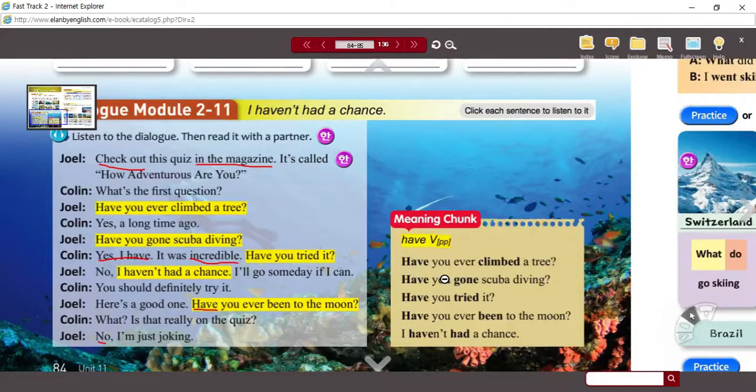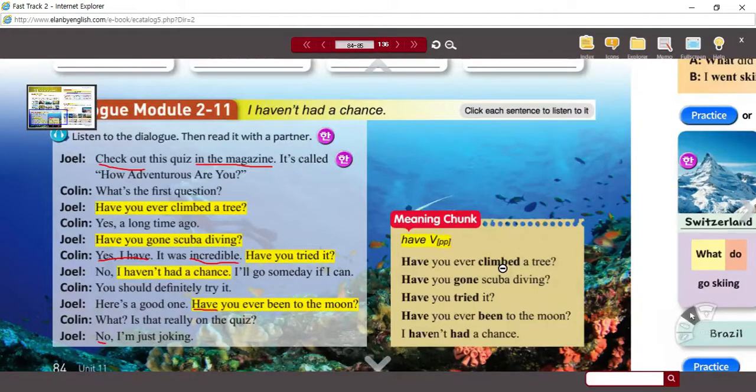Okay. Now notice that in the question there's no element of time. We can see these past participle verbs for climb, go, try, be, okay, and have. We can see that these are not always the past tense. Here's a regular verb, so it has an ed ending.